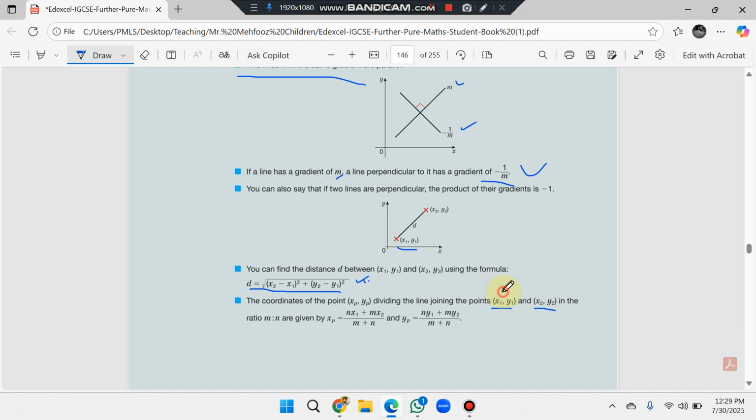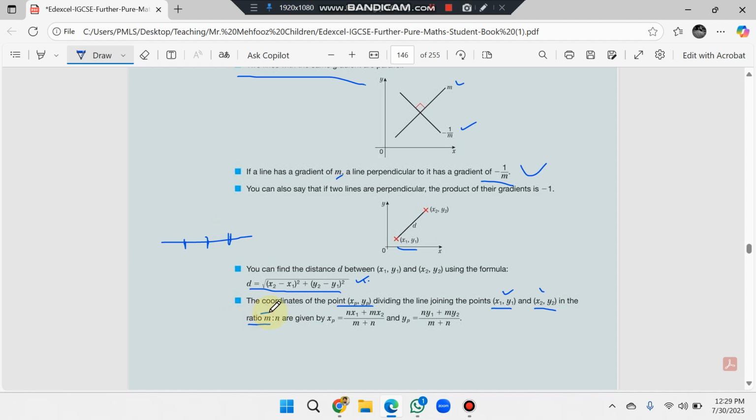This is the starting point of the line, this is the end point, and this point is the division point, which divides the line in some ratio, written as m:n.